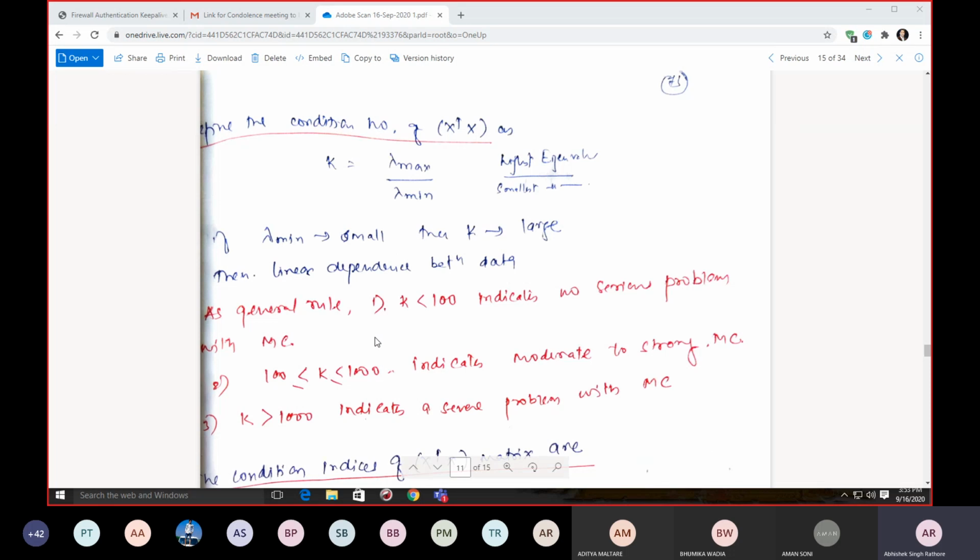So we have some general rules. If we get k less than 100, it indicates that we are not getting into any serious problem with multicollinearity.